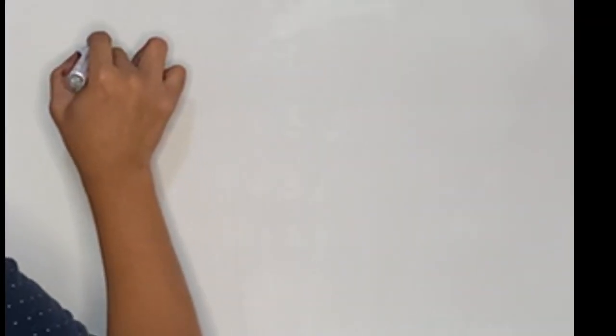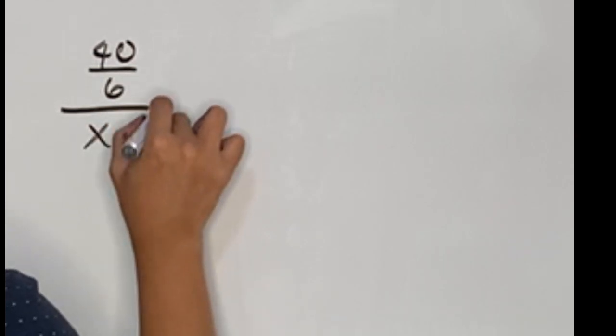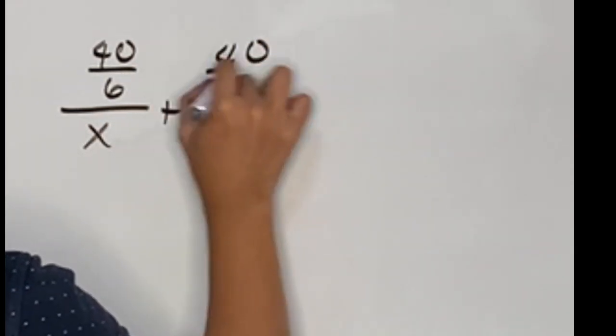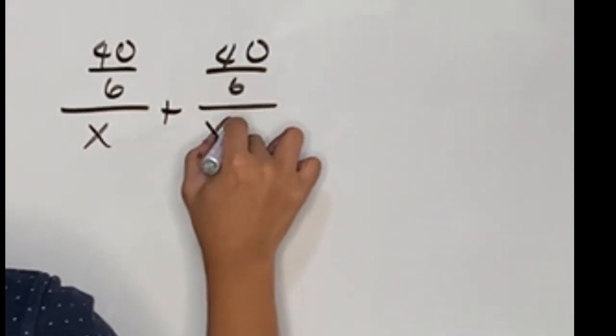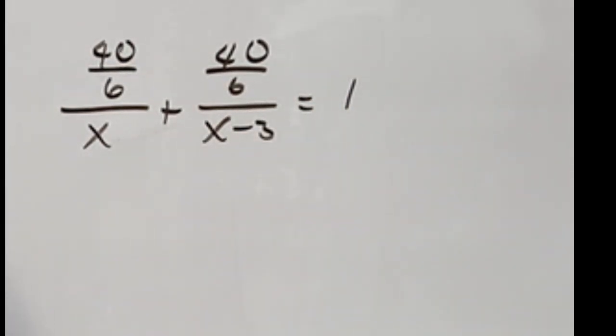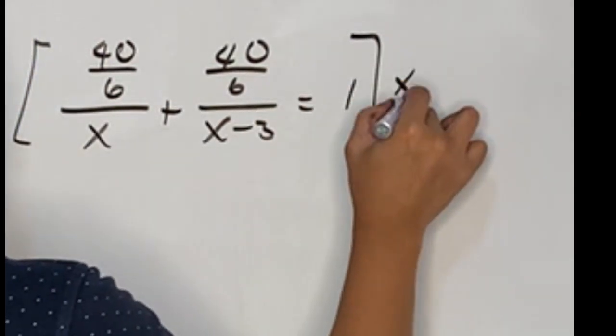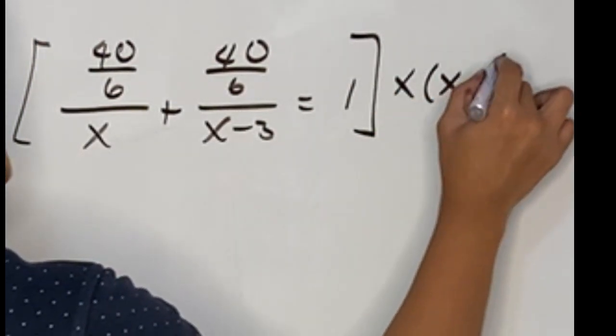Combining the two, you will have 40 over 6 all over x plus 40 over 6 all over x minus 3 is equal to 1 job. So we will be multiplying all the terms by x and x minus 3.